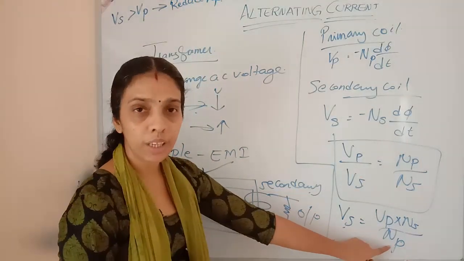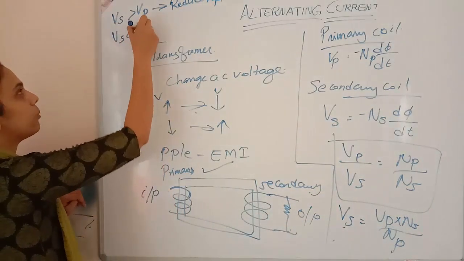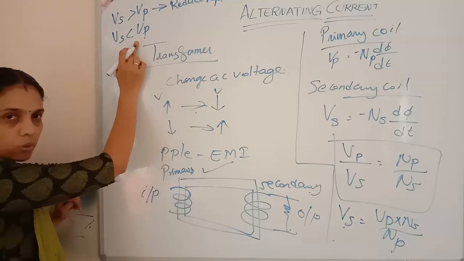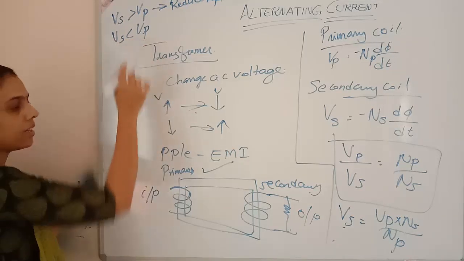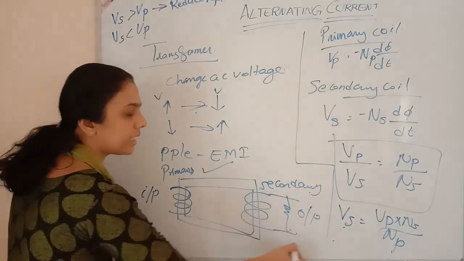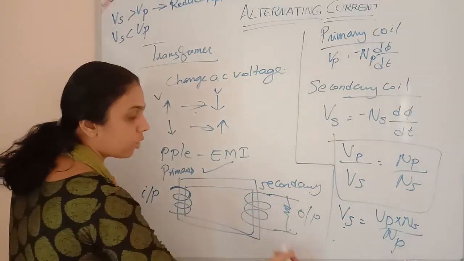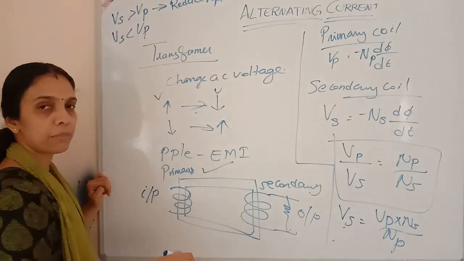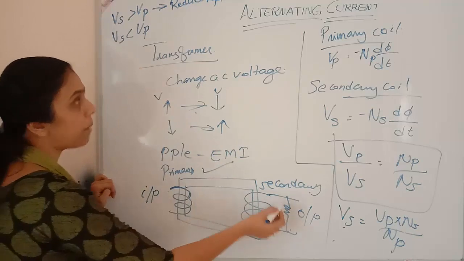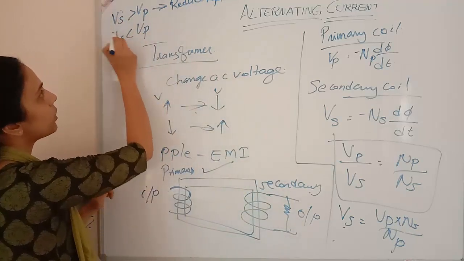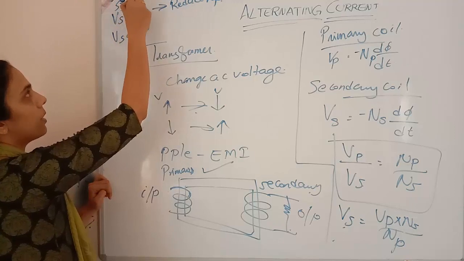And if we need to make it a step down transformer, that is, Vs is less than Vp. Here, voltage increasing means step up; if at the output the voltage is decreasing, it is a step down transformer. So if the secondary voltage is increasing, that means a step up transformer.